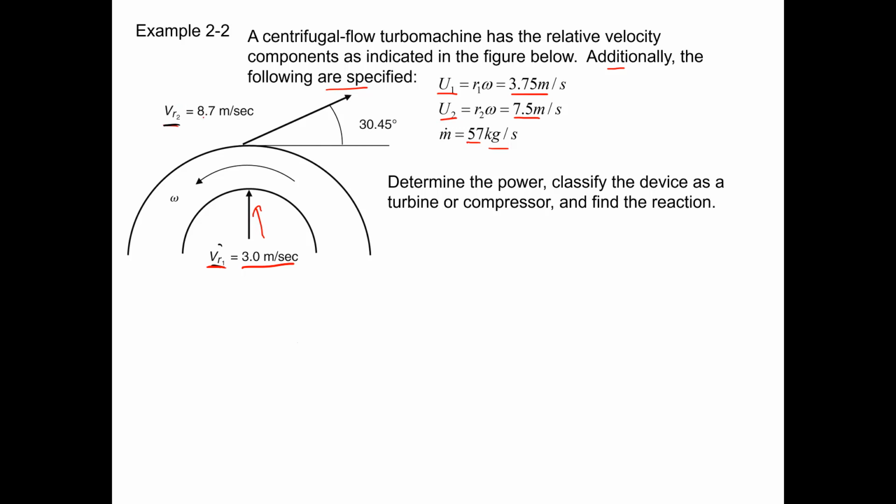And the relative velocity at the exit is 8.7 meters per second at an angle of 30.45 degrees to the horizontal. So the problem is asking us to determine the power, classify the device as a turbine or a compressor, and also find the reaction.